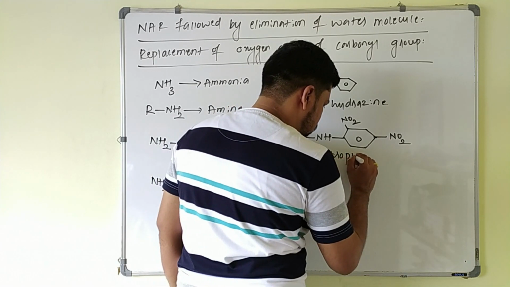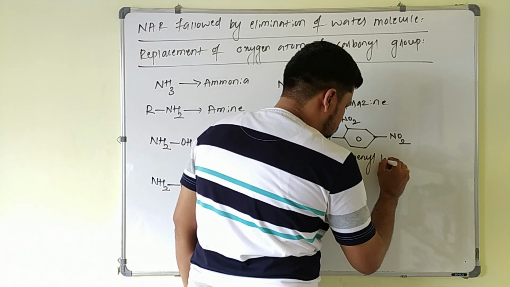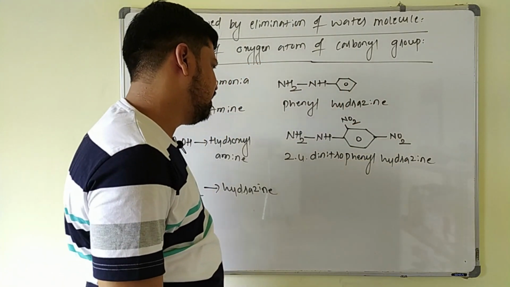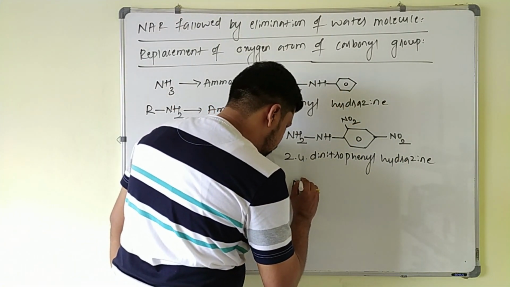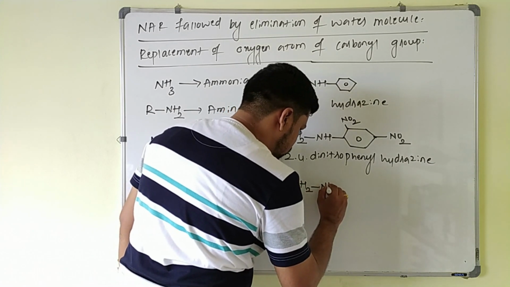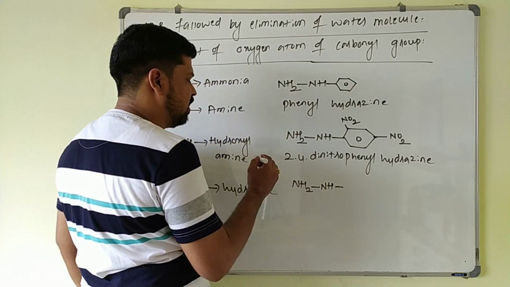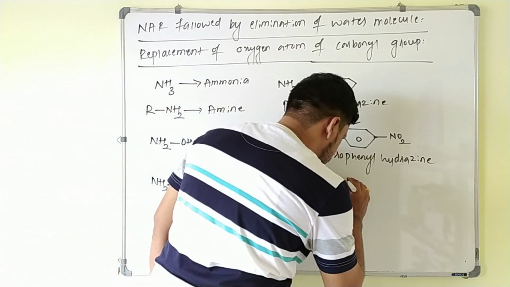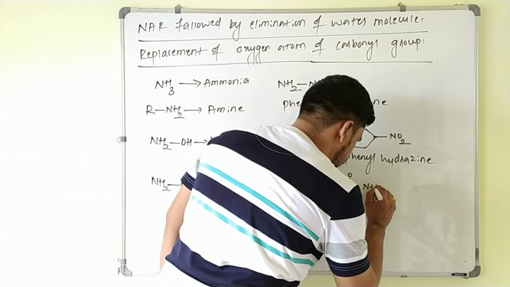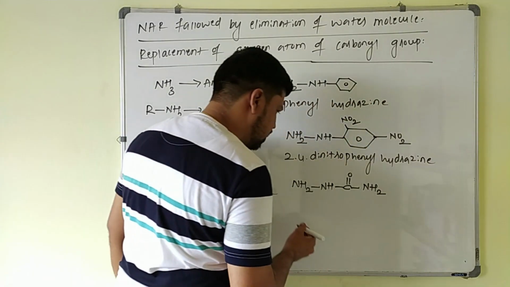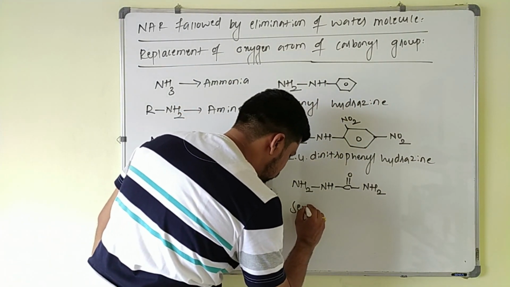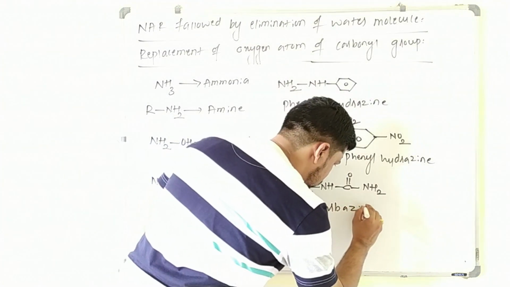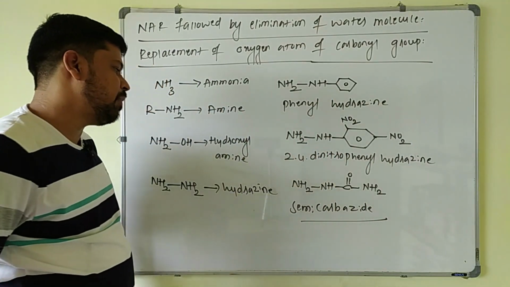2,4-dinitrophenylhydrazine. Next one, suppose I take NH2 NH, instead of this hydrogen if I attach one amide group, that is CONH2, this is called semicarbazide.